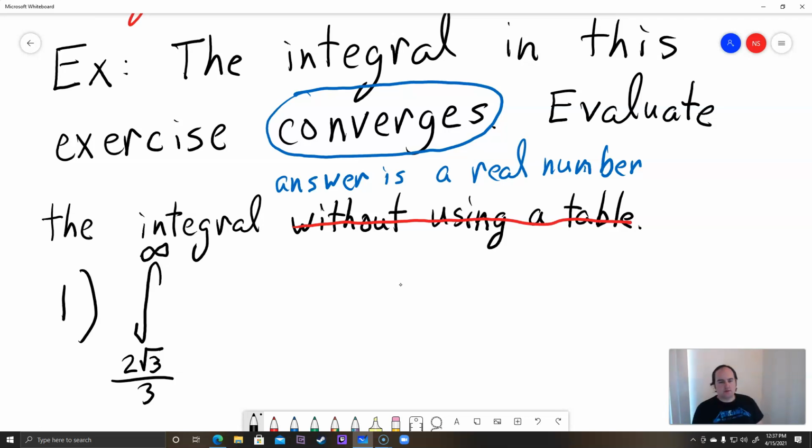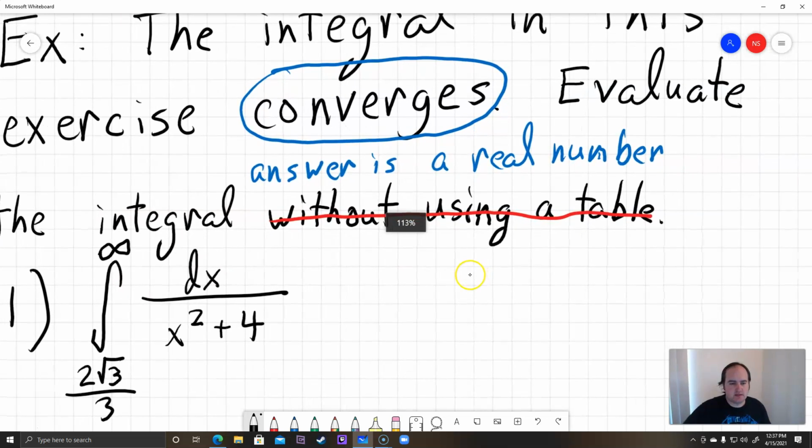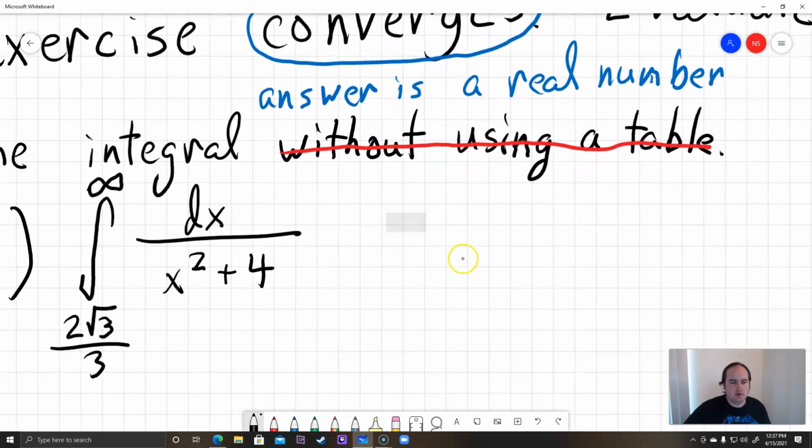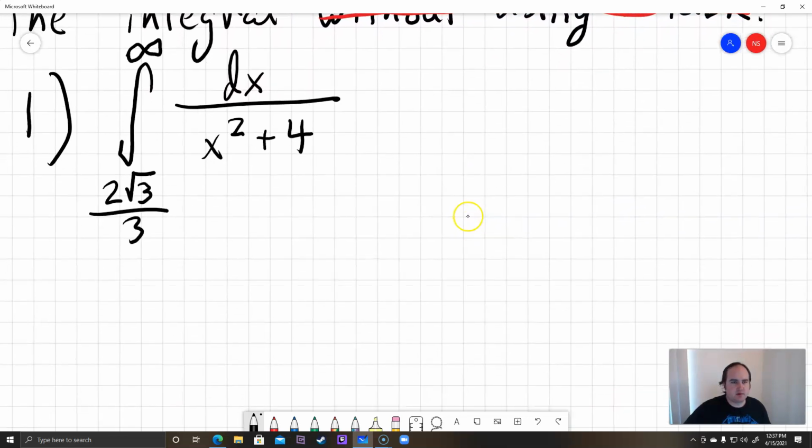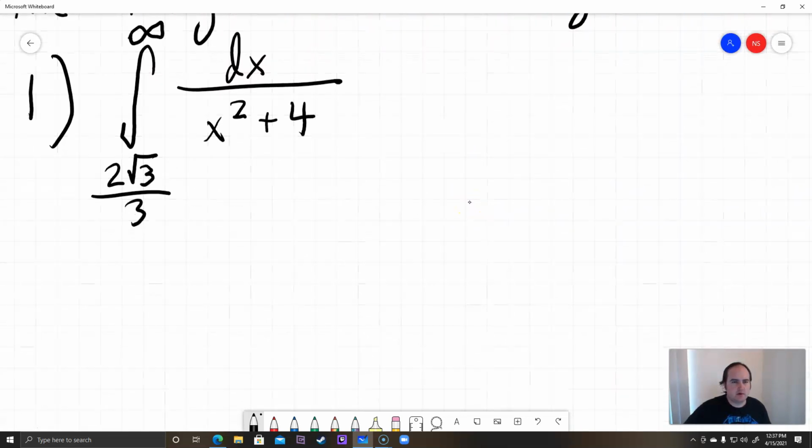Let me zoom in just to make it easier, because I'm writing kind of small. So we have the integral from 2 root 3 over 3 to infinity of dx over x squared plus 4.